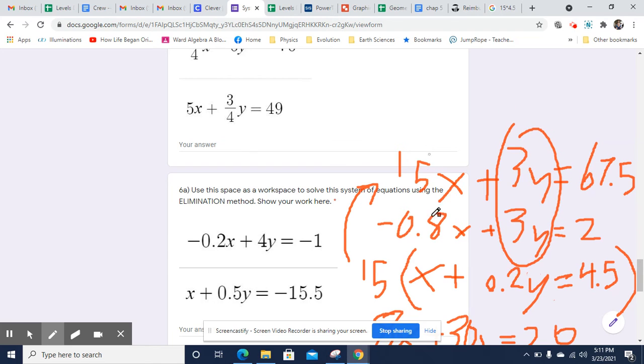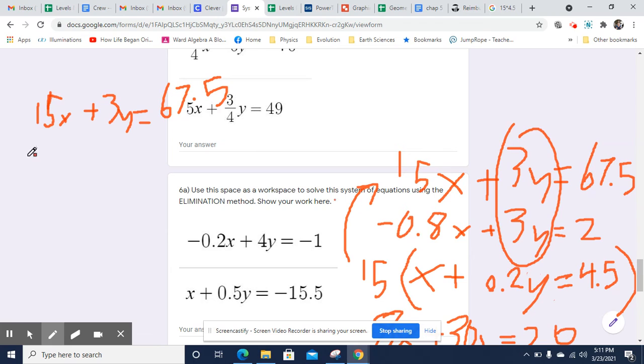And so I could subtract the equations and I would get an answer. So I'm going to go ahead and copy it over here. I've got 15x plus 3y equals 67.5.